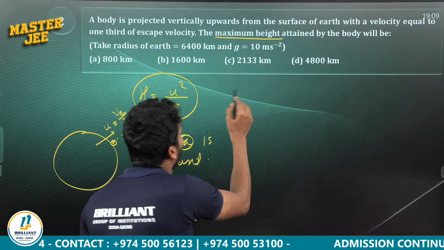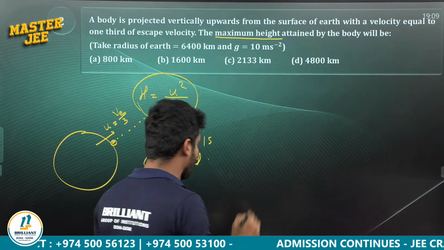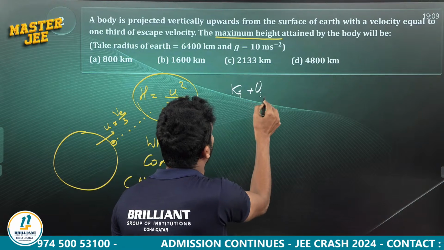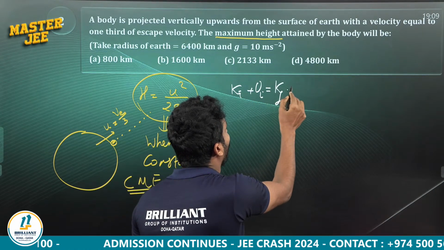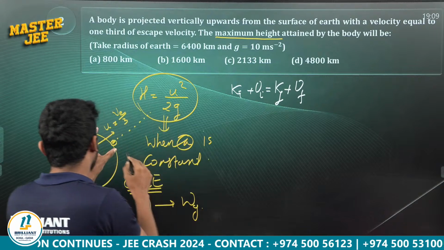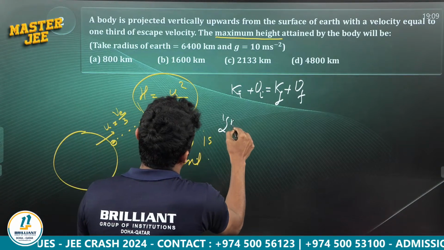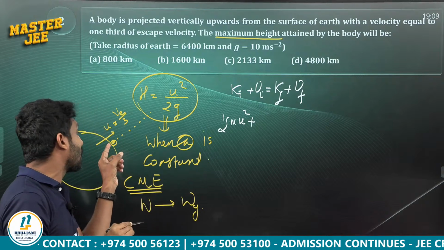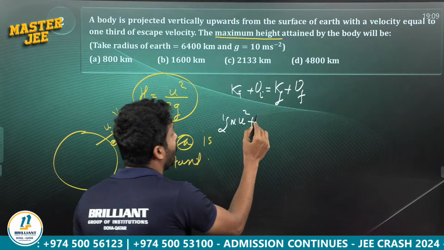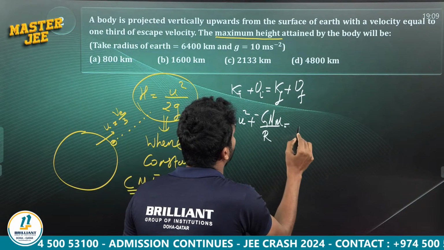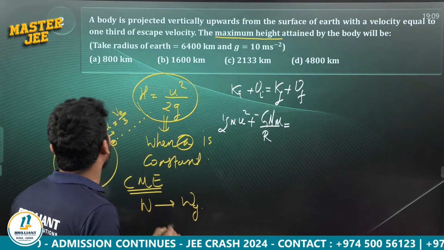Thus, we can apply the conservation of mechanical energy: initial kinetic energy plus initial potential energy is equal to final kinetic energy plus final potential energy. The initial kinetic energy is half m u square, plus the initial potential energy, which is minus GMm by R, minus GMm divided by the radius of Earth, is equal to the final kinetic energy.